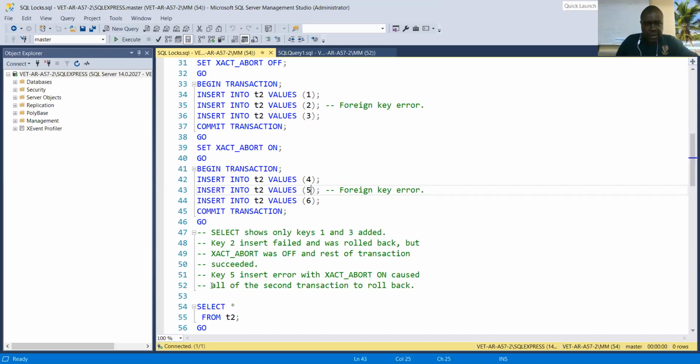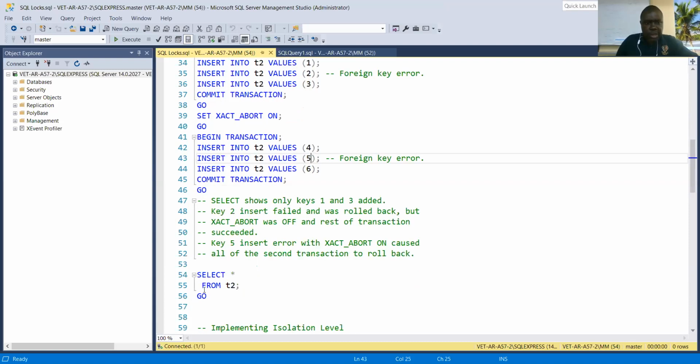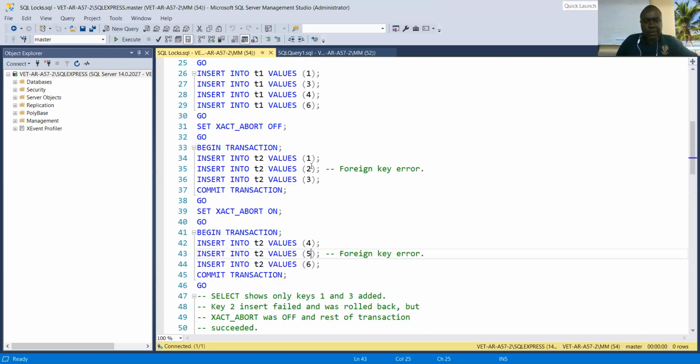when we try to view information in the second table, we are going to have this one, that one, and which other value is going to be there? 2 is not going to be there.